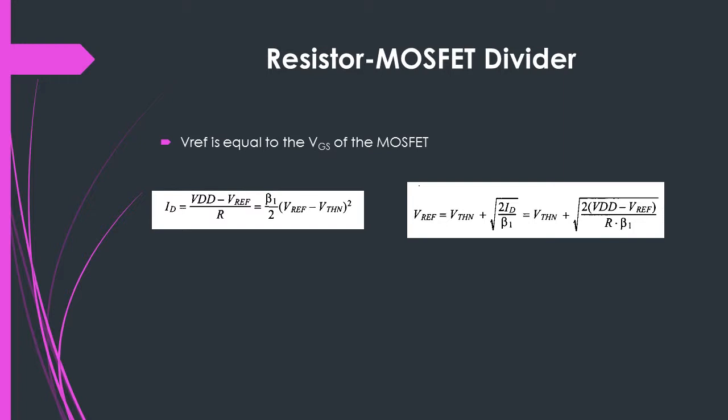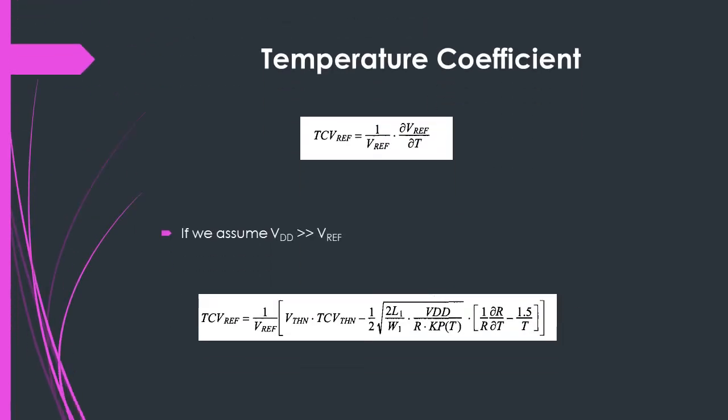However, for the general case, the temperature coefficient of the resistor MOSFET voltage divider is determined using the first equation. If we assume VDD is much higher than Vref, we will have the equation shown.